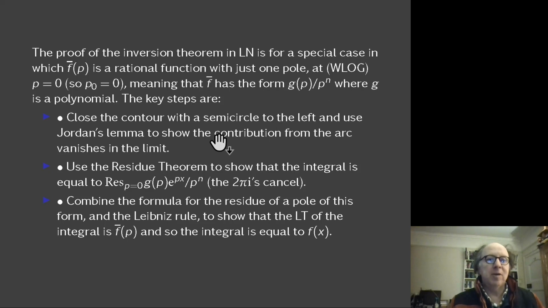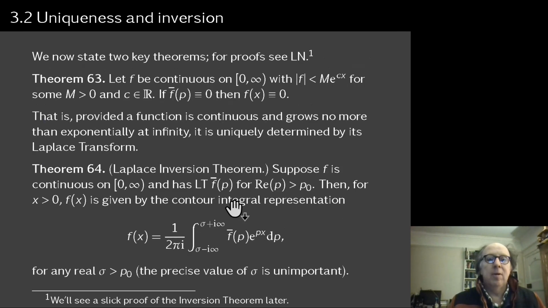So what are the key steps? The first key step is that you close the contour, as you always do in contour integration, and you go to the left. And why do you go to the left? Because in the integral, you're looking at a factor of e to the px.